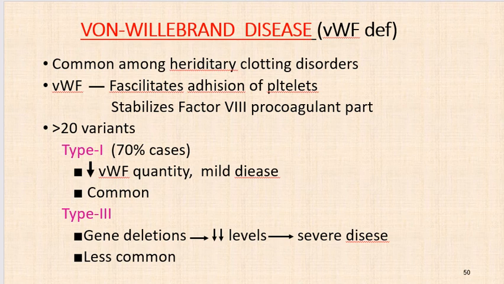While in type 3 disease, gene deletions are there, which leads to very much decreased von Willebrand factor, and it leads to severe disease. But fortunately, this is a less common abnormality.